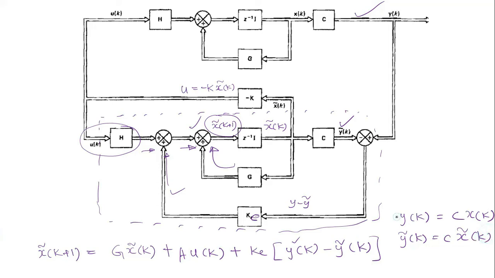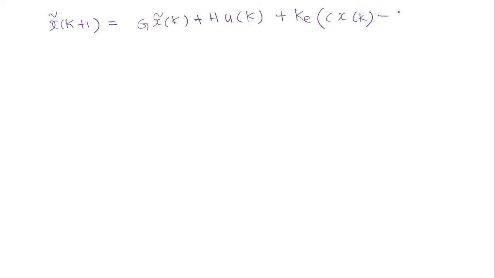So just substitute those values in this equation, and then what you find is x tilde of k plus 1 is equal to g x tilde of k plus h u of k plus ke times c x of k minus c x tilde of k.